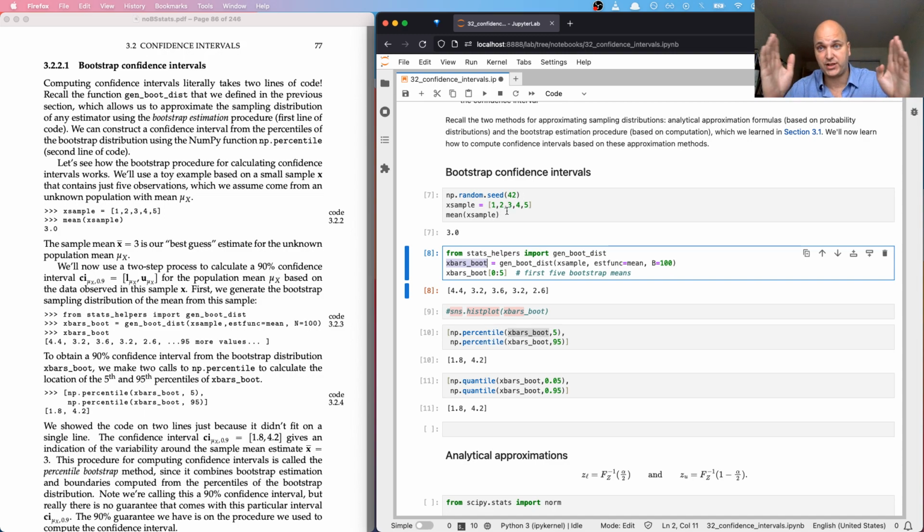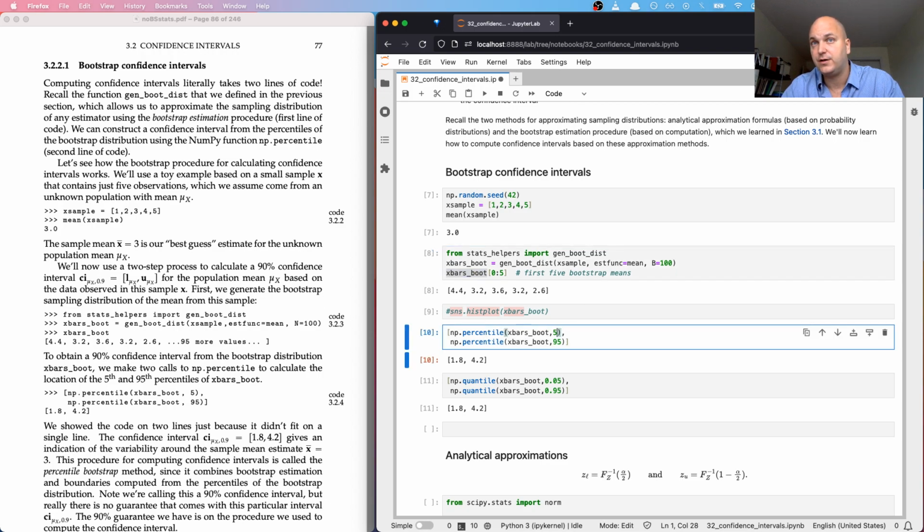If you want a 90% confidence interval, this is a long list, so we just cut off the bottom 5% and the top 5%. Given a list of observations, the percentile method says sort them and find the lowest 5% and the highest 5%.